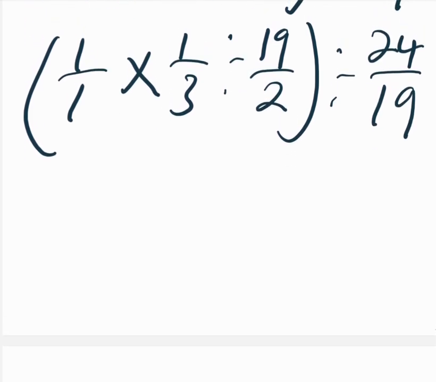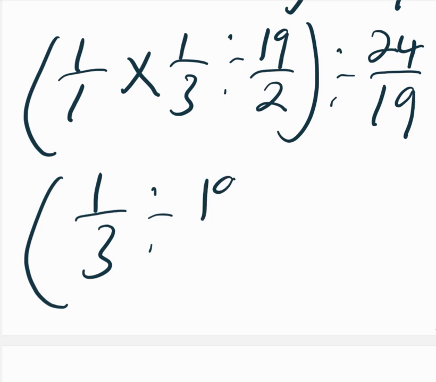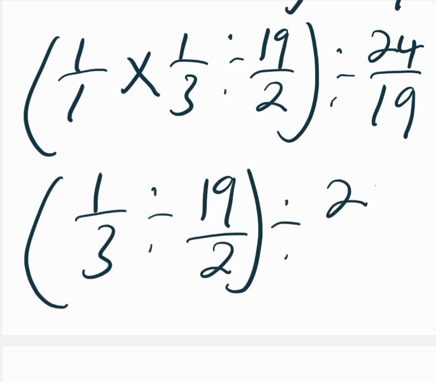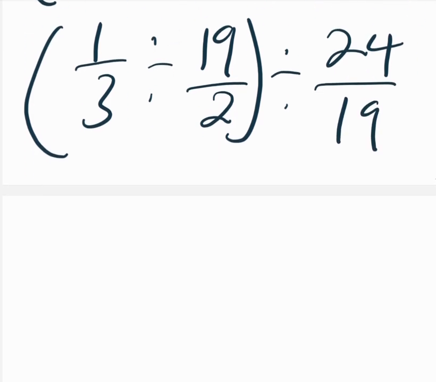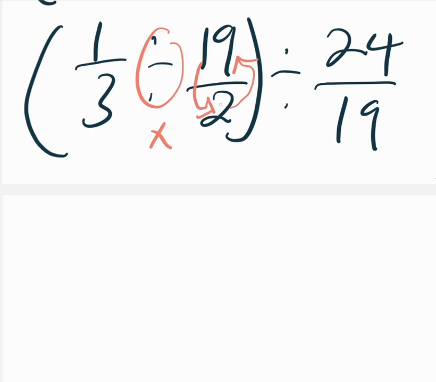At this junction right here, we're going to have, open a bracket, 1 over 3 divided by 19 over 2, close the bracket, divided by 24 over 19. So we proceed. Now we're going to have something different right here. This division sign is going to change to multiplication sign, and when it does that, the 2 goes up and the 19 comes down, right?